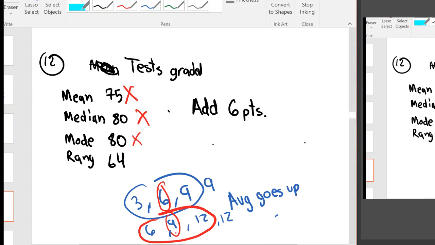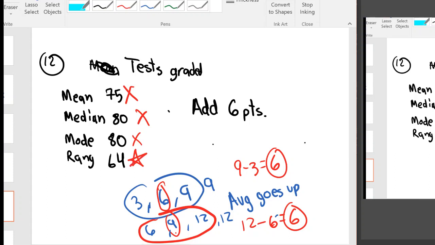Now, the range. If I'm adding 3 to everything here, the range is 9 minus 3, which is 6. And here it is 12 minus 6, which is 6. So the range doesn't change at all.